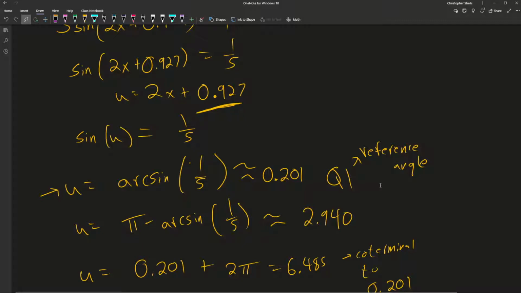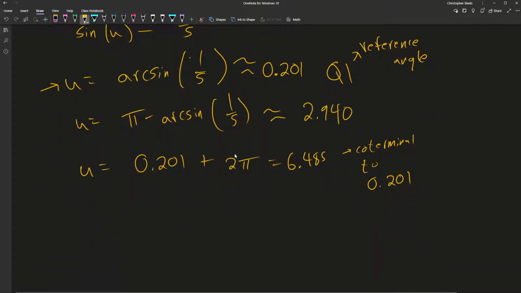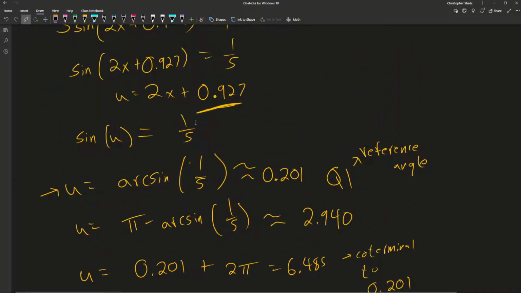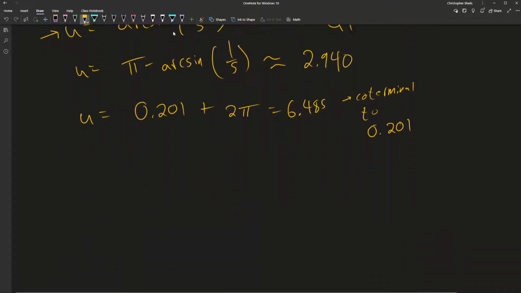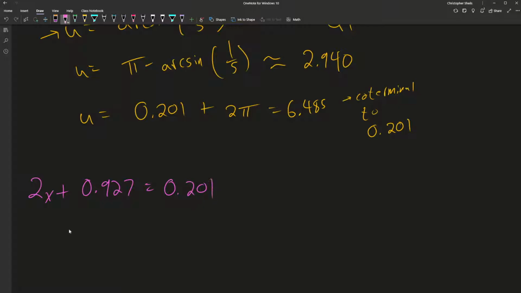So now I have u equals these things. I want to undo my substitution. Remember that u was equal to 2x plus 0.927. So now I have 2x plus 0.927 equals 0.201.